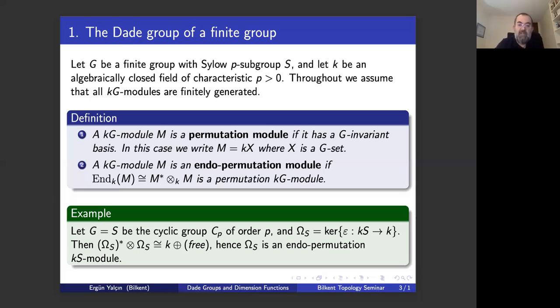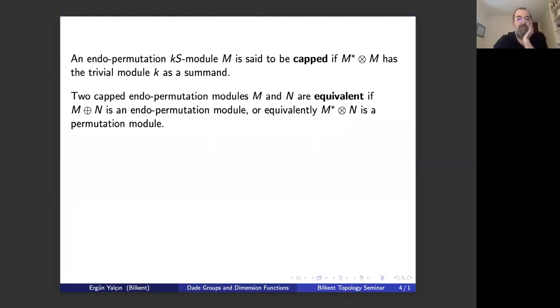So if a KG module tensored with its dual gives you K plus a projective module, that's called an endo-trivial module. So this example is also an endo-trivial module. Endo-permutation modules are a generalization of endo-trivial modules in that sense. Okay, a little bit slow, but so a KS endo-permutation module is called capped.